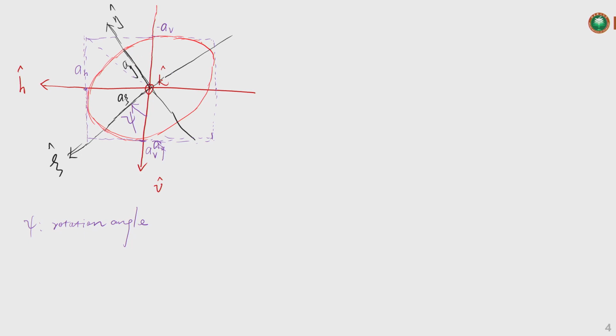Now another angle is this angle, which is called chi. Psi and chi. Chi is called the ellipticity angle. So it's identical to the pattern we previously introduced here.